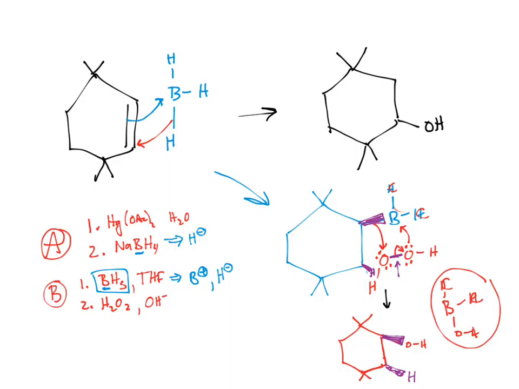In our mercury reaction, the water comes in and attacks the most substituted position. In the borane reagent, what ends up coming in and attacking the most substituted position? Hydride. So we end up doing a swap in the chemistry because we have a different positive and negative. If you follow the positives and negatives, you can get the product correct.